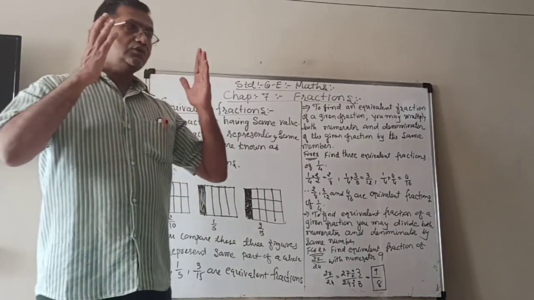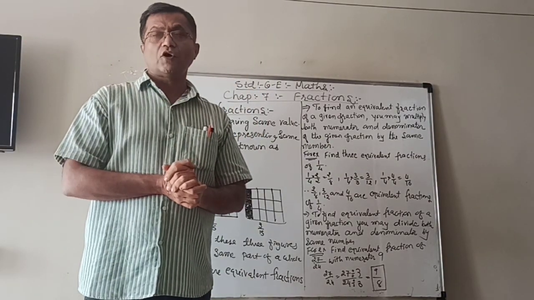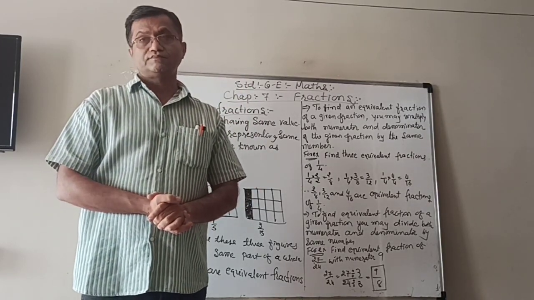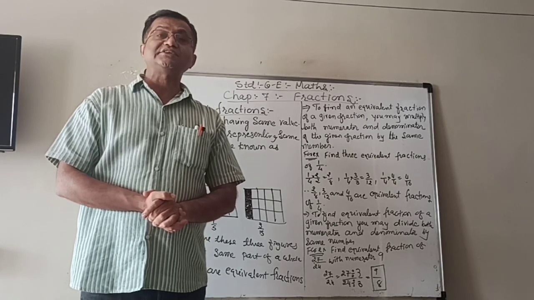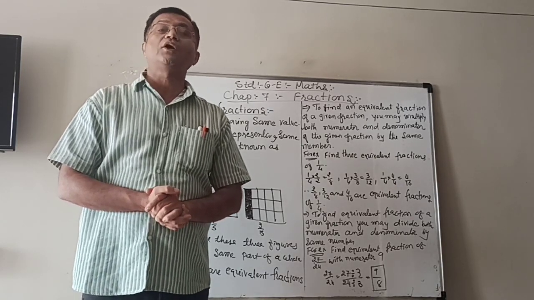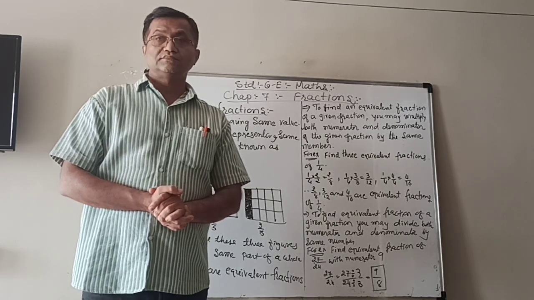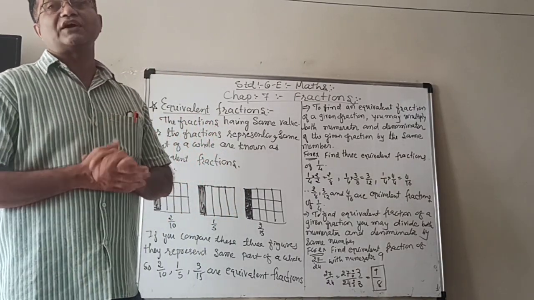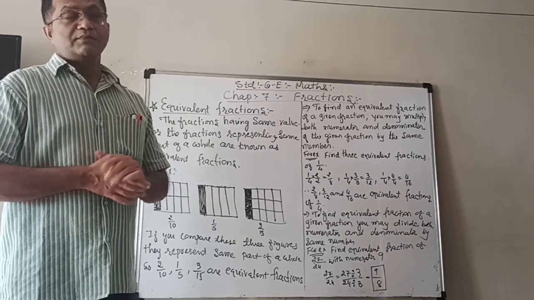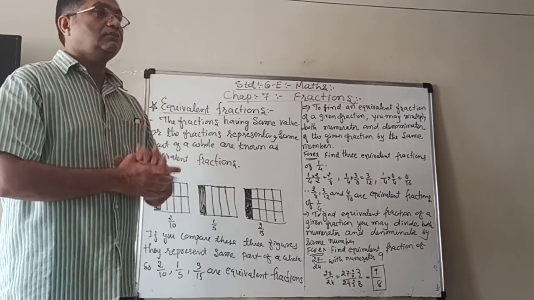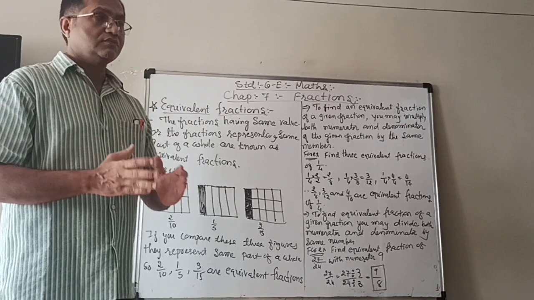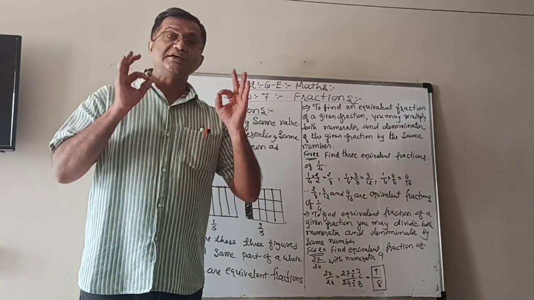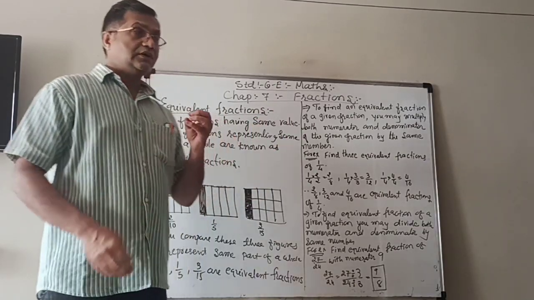But if you think about them or if you show them pictorially, then they will represent the same part of the whole. And those are known as equivalent fractions. Means if you find out at last, they represent the same part of the whole.